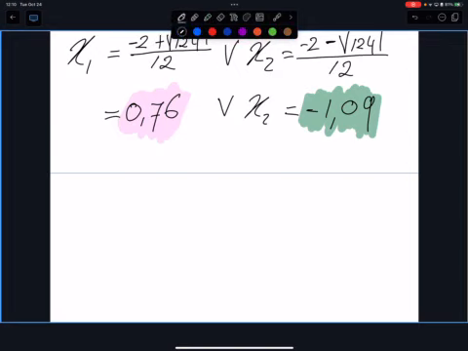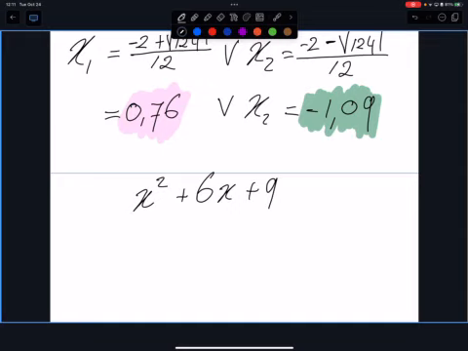you have an equation like this. Find the roots of this equation.